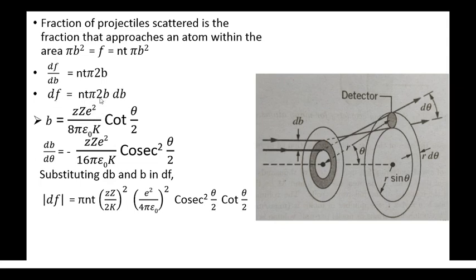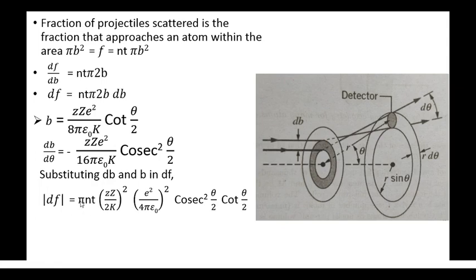We have the expression for B here, so you can substitute B into this equation, and take the derivative of B with respect to theta, dB by d theta. From that you can take dB and substitute it in dF. So the final equation of dF will have a negative sign also. You can neglect the negative sign since we are calculating the fraction of projectiles.